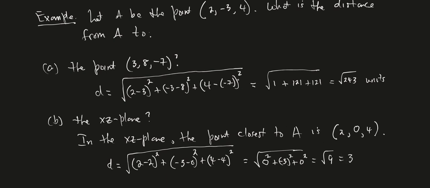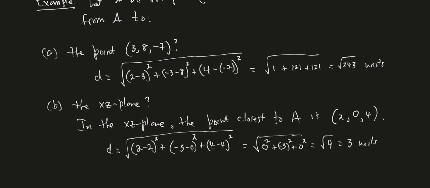And that's essentially the distance, since if you notice, there would be no change in the x value, there would be no change in the z value, but there would be a change of a positive 3 in the y value. So to get from this point to the xz plane, we would have to go 3 units in length, or a distance of 3 units, right? So a nice little question there.